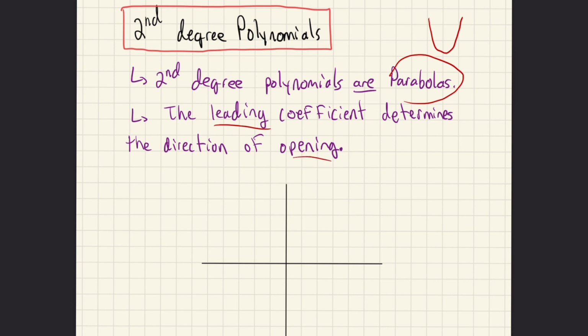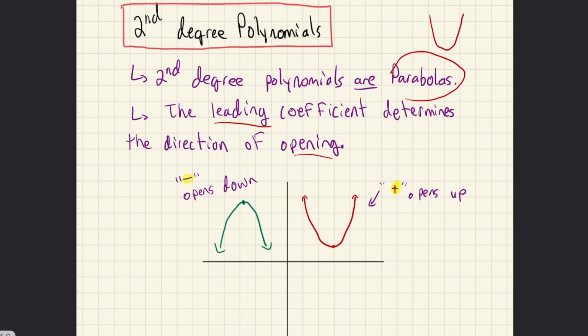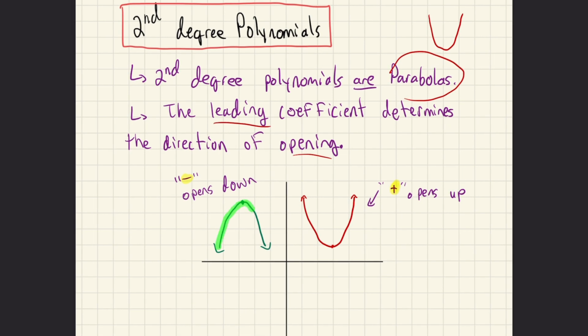And what we mean by that is the following. If the leading coefficient is positive, it's going to open upwards or kind of resemble a smile, as outlined in red over here. And if it opens downwards or presents to us a frown, kind of like this green over here, then it means it has a negative leading coefficient.